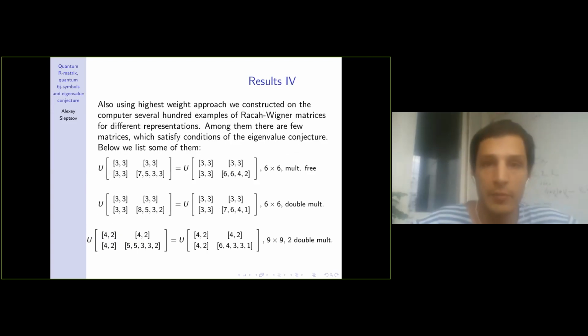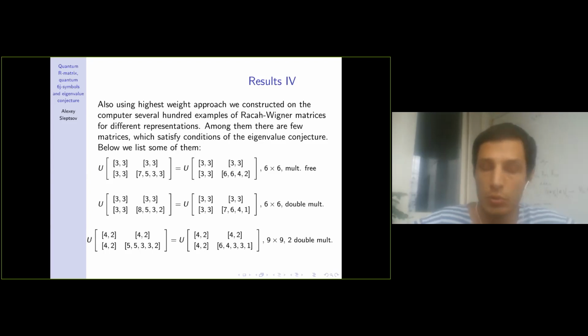So using highest weight approach, we have constructed on computer several hundreds examples of Racah-Wigner matrices for different representations. We did it in order to calculate colored HOMFLY polynomials, because they can be expressed in terms of R matrices and the 6j symbols. And in that approach that we use, there is a sum over all possible representations.